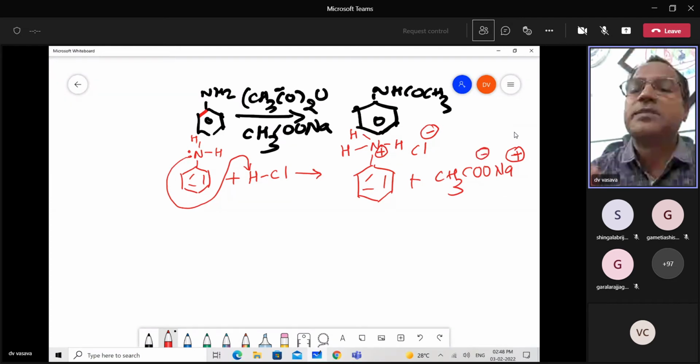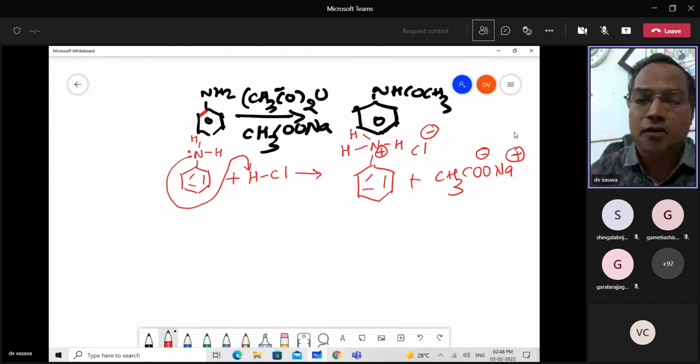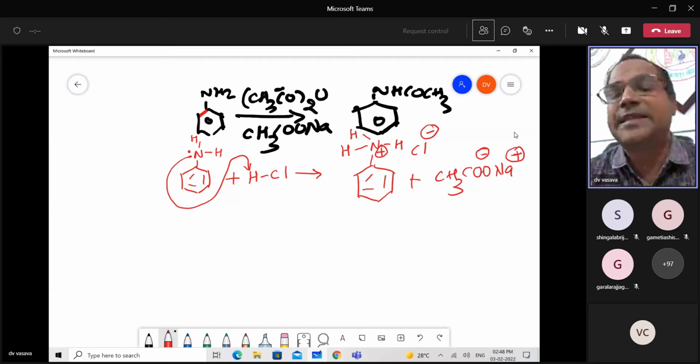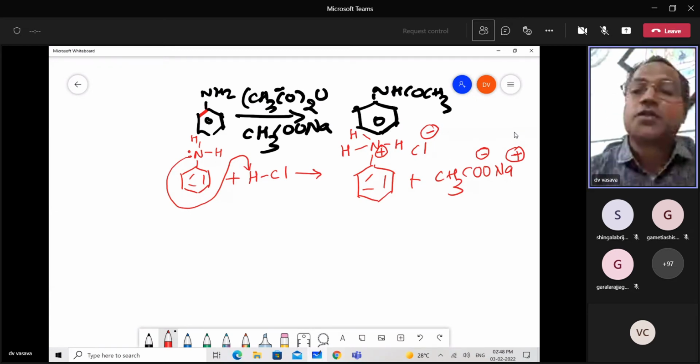Sodium salt is water soluble, so you can prepare a solution of sodium acetate in water so that it ionizes, and you will get Na plus and acetate minus ion. So what will happen here during the reaction?